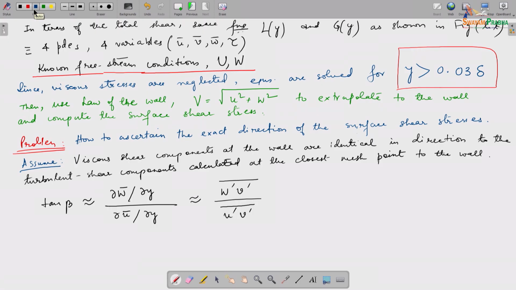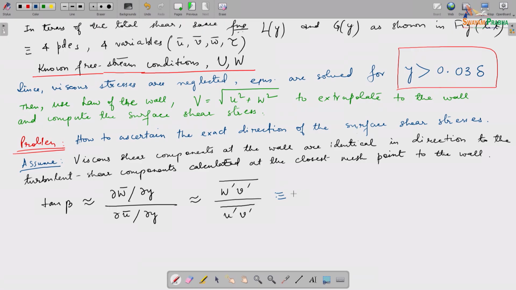Now, this relation is equivalent to the assumption of a scalar eddy viscosity.